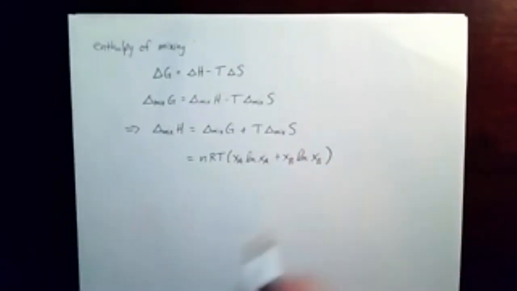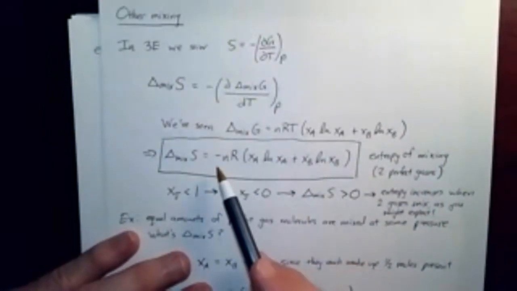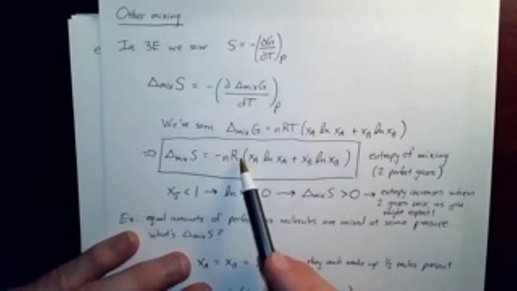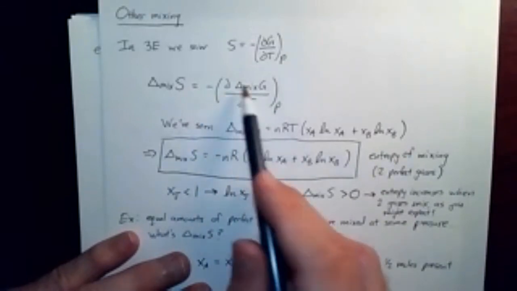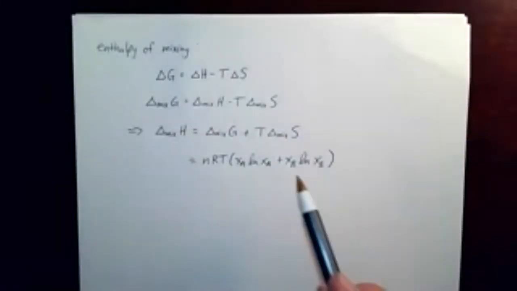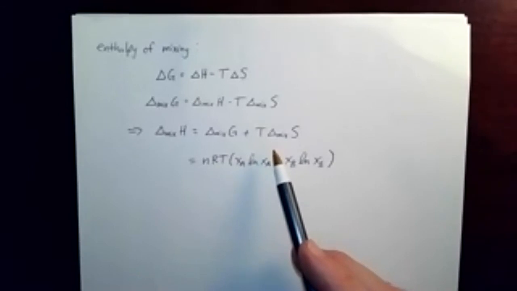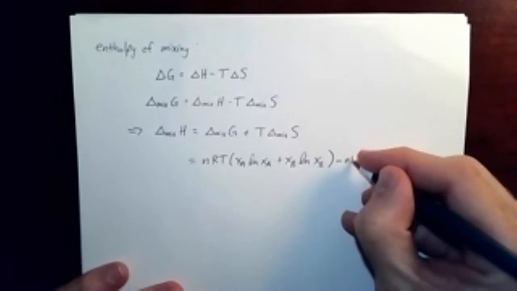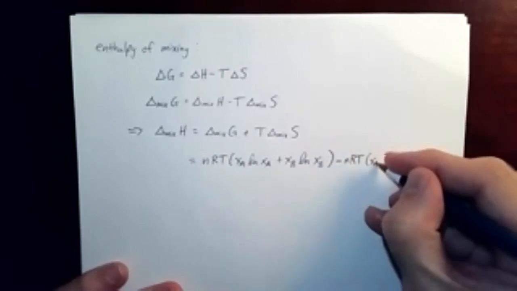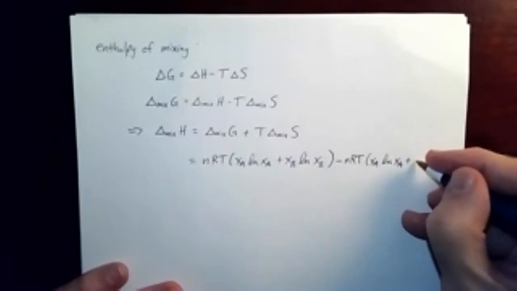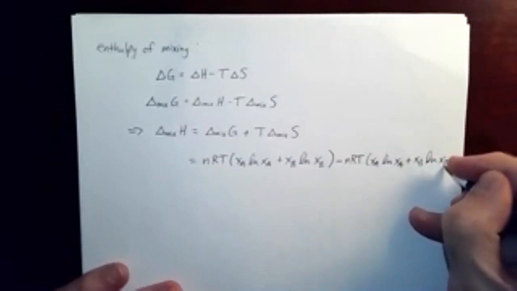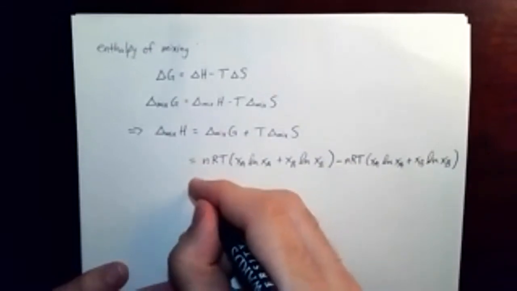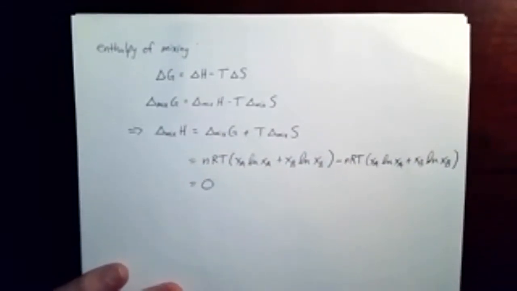Okay, and delta mix S was very similar, except it was negative and it lacked a T temperature, which went away because we took this derivative here, right? And here I'm taking delta mix S and I'm multiplying it by T. So I end up with minus nRT XA ln XA plus XB ln XB. And these two terms are the same with opposite signs. So the enthalpy of mixing is 0.